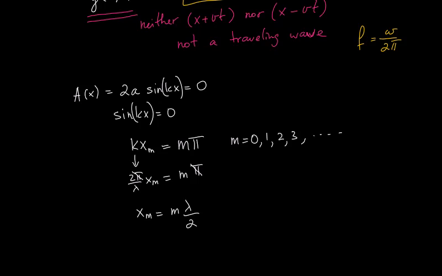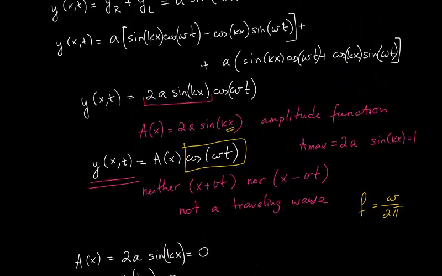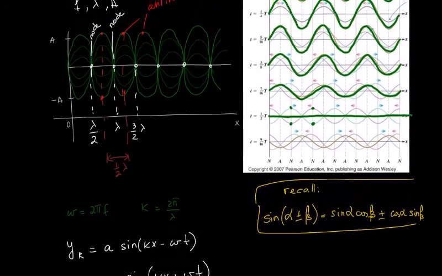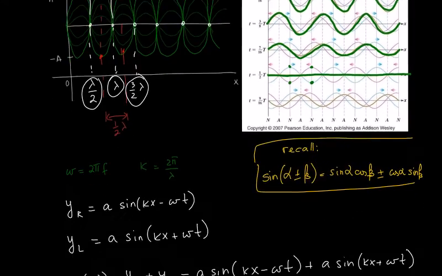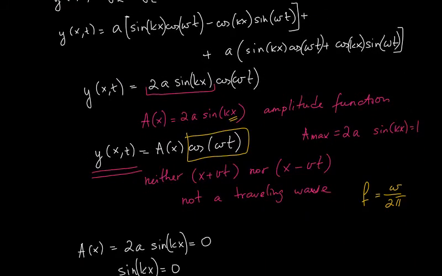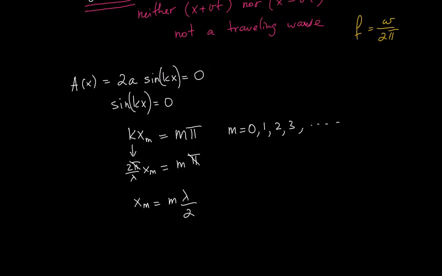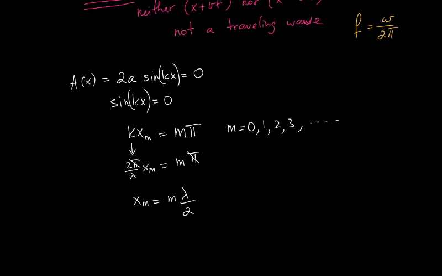It's the same thing that our picture shows, where we have 1/2 lambda, 2/2 lambdas, 3/2 lambdas, and so on. That's what we got mathematically in here, where of course m is 0, 1, 2, 3, and so on.